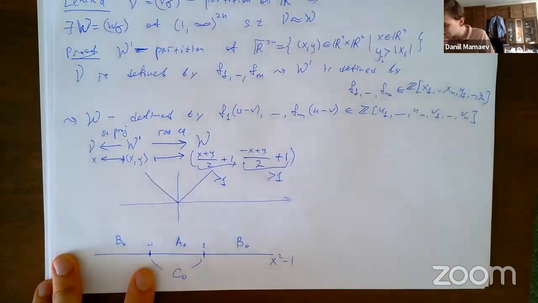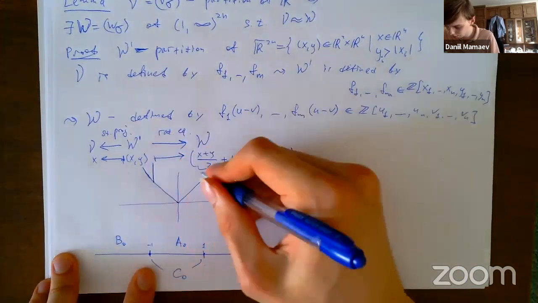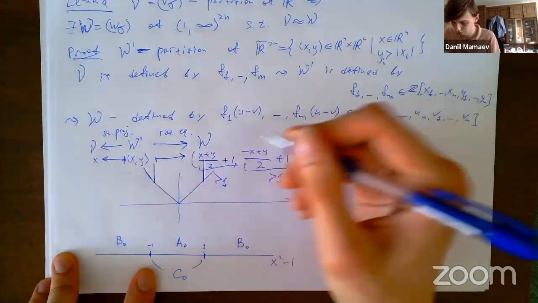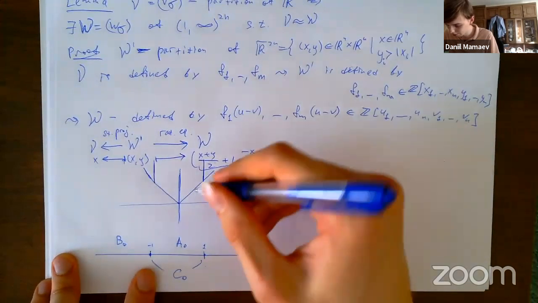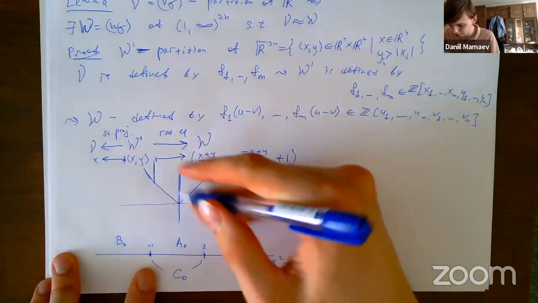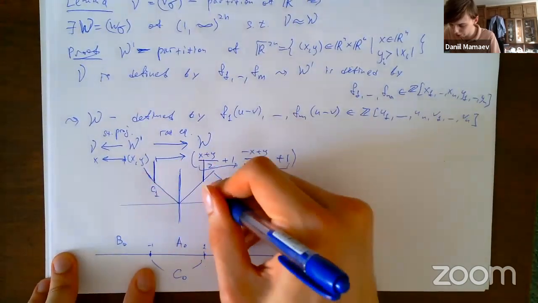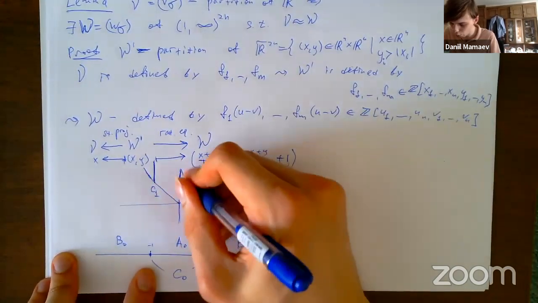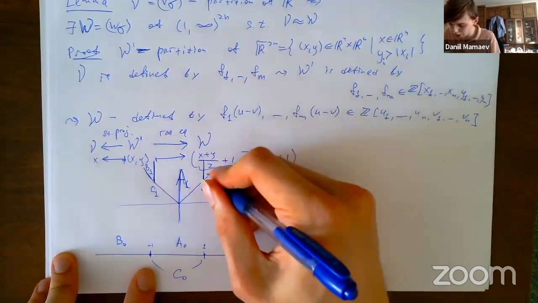You draw a graph of the absolute value, and what you get is: this thing is C1, this is also C1, this thing is A1, this is B1, and this is B1.